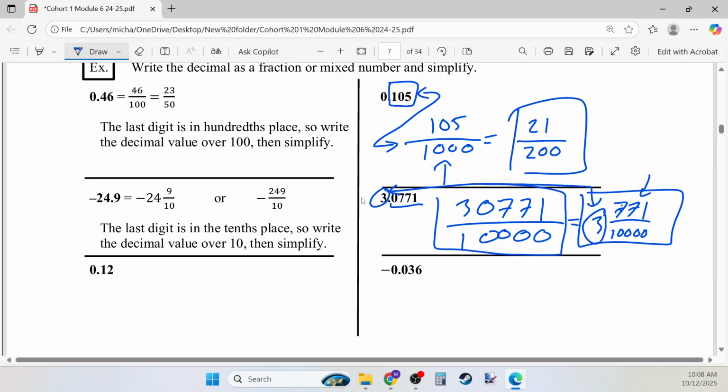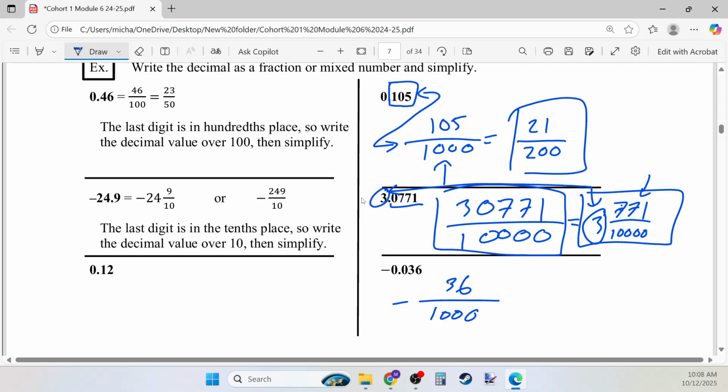This is our lowest terms improper fraction. This would be 36 on top. When you remove the decimal point, all the leading zeros go away. On the bottom, we're going to have a 1 with 3 zeros behind it. I noticed that both of these are divisible by 2.